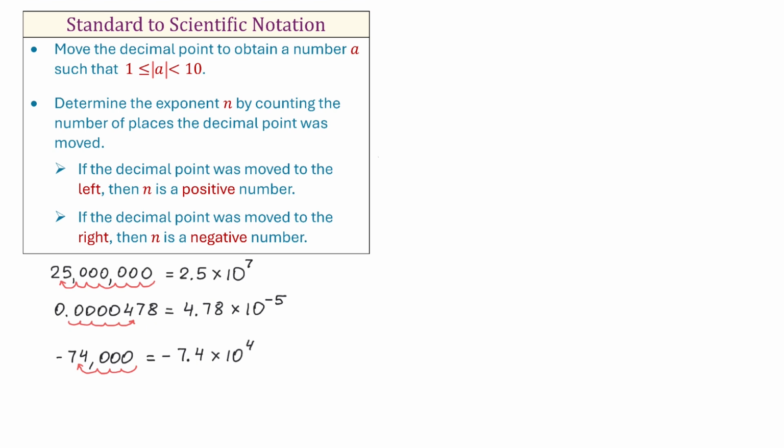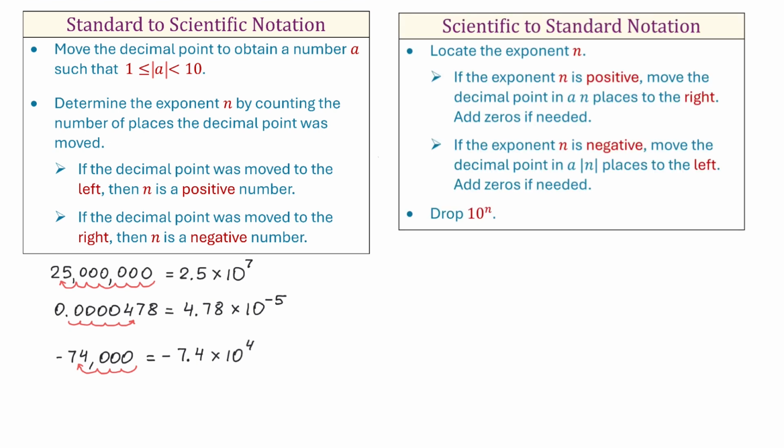Now, let's see how we can convert numbers from scientific to standard notation. Here we have the rules, and we will start with the first example, 2.89 times 10 to the 6th power. According to the rule, because the exponent is positive 6, we will move the decimal point 6 places to the right, and we will add zeros if needed.